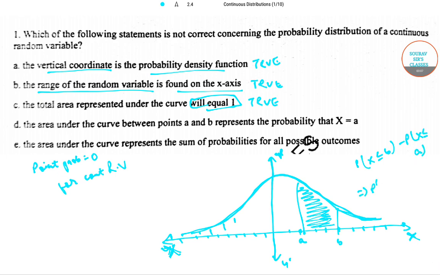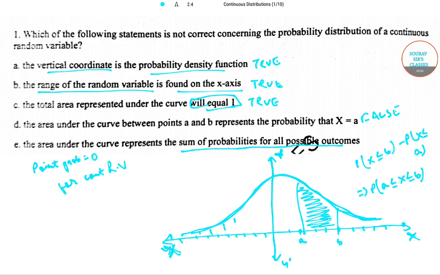You can also write this as a less than or equal to x less than or equal to b. Thus this is false.